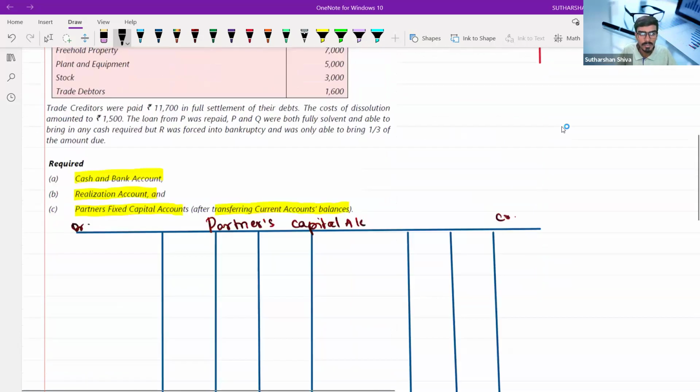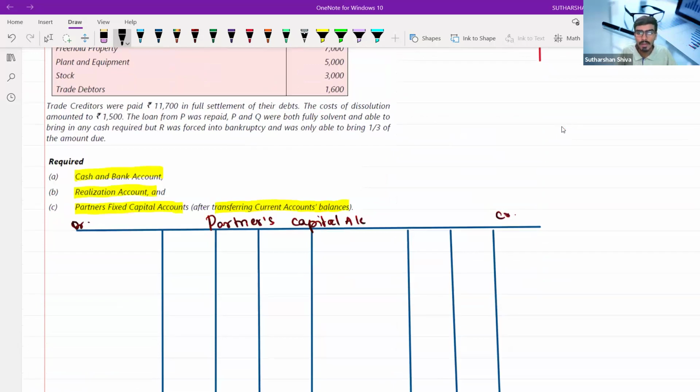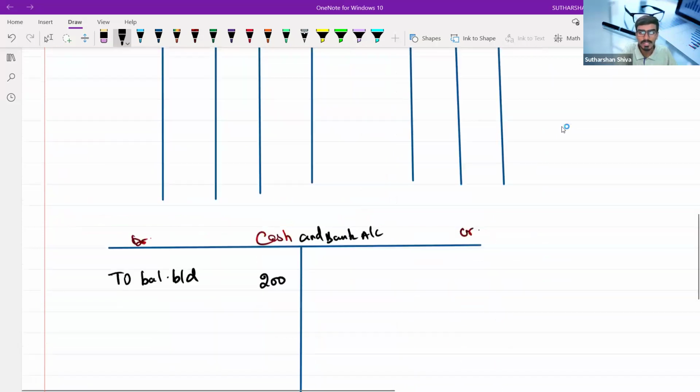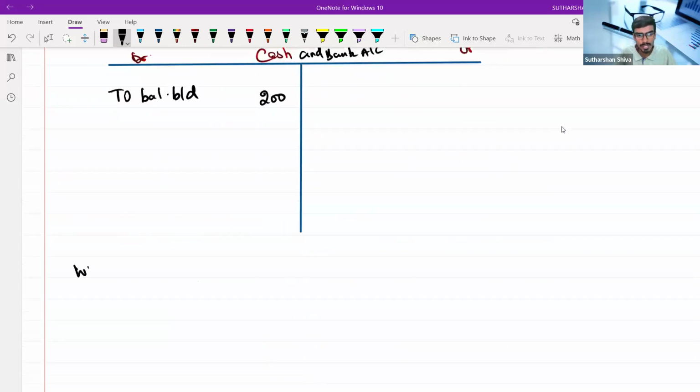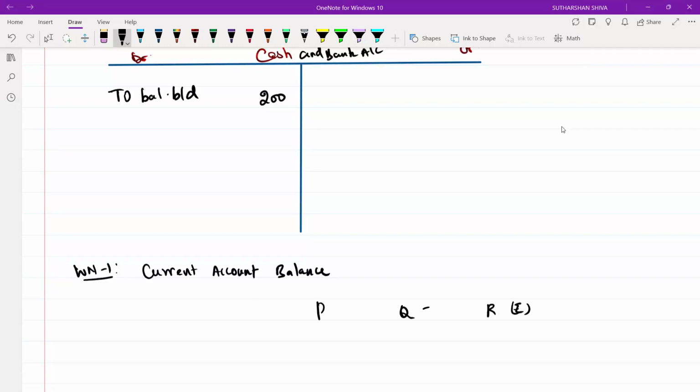What they are saying is that partners' fixed capital accounts should be prepared after transferring current account balances. It means we'll go for working note 1. Working note 1 we will prepare on the basis of current account balances. What are the partners' names? PQR.